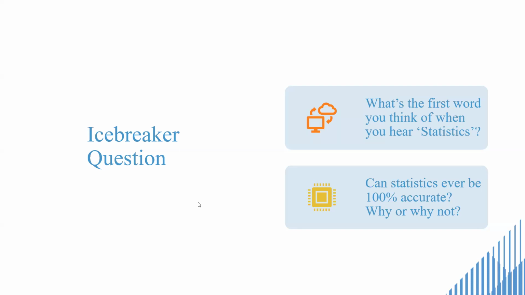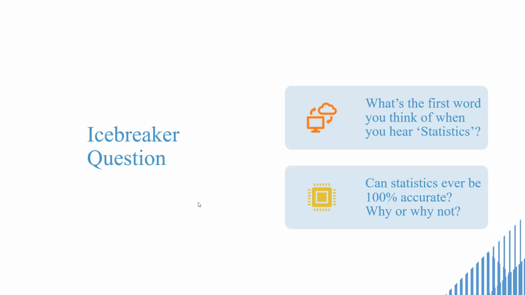In my opinion, as the answer to the first question, what's the first word you think of when you hear statistics, it might be data, numbers, percentage, probability, chance, and other words. And for the second question, can statistics ever be 100% accurate?